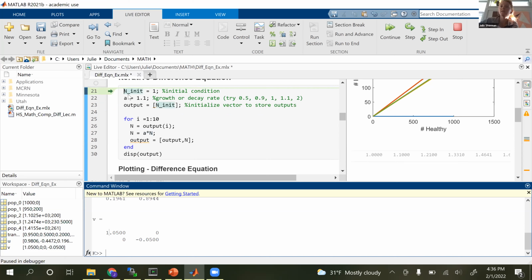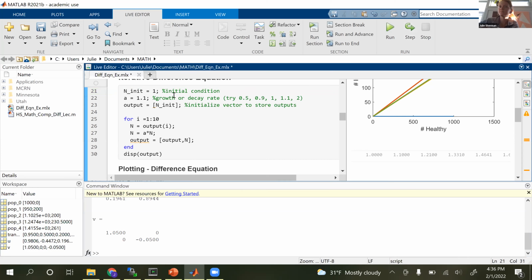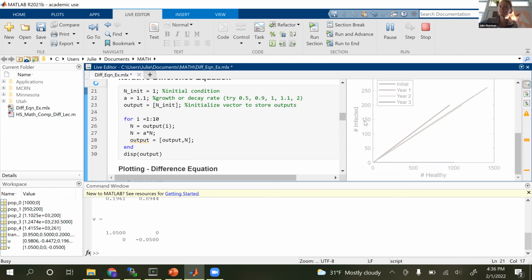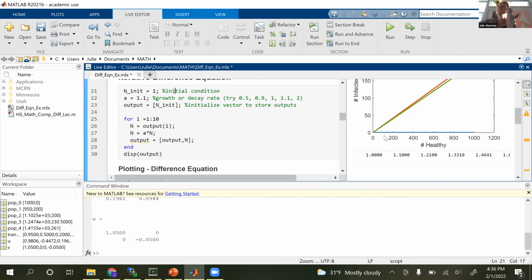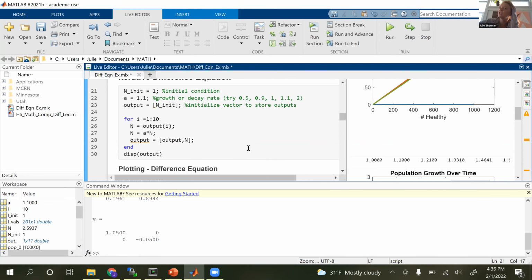So let me go ahead and run through this block. Okay, so it showed up right here how our N is changing throughout time.